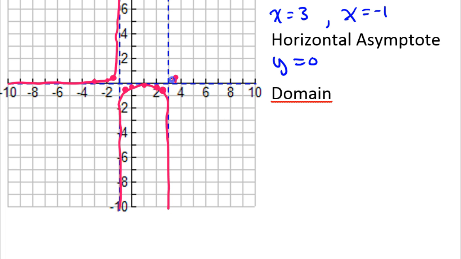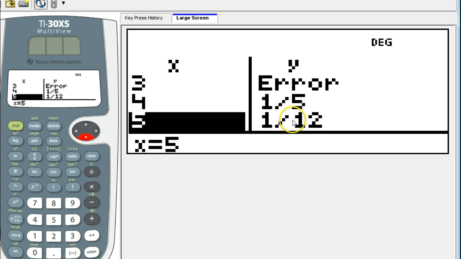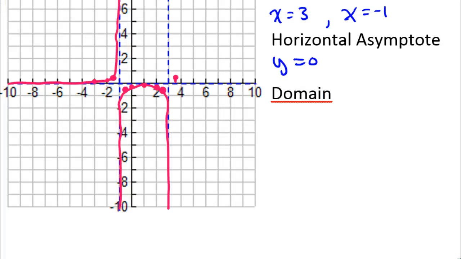Okay, and let's see what's going on over here. You can bet that it's going to approach the asymptote over here as well. But let's look at 4 and 5. All right, and 4 is 1/5, and 5 is 1/12. So 1/12 is so close to 0 that it's going to already appear to be touching the line. So you can see what's happening.